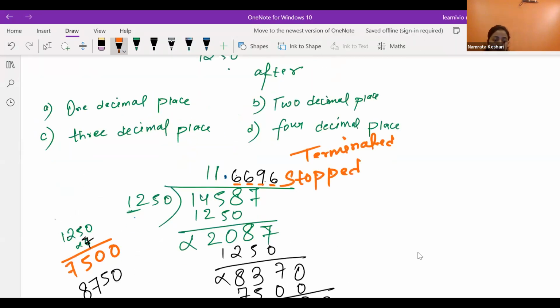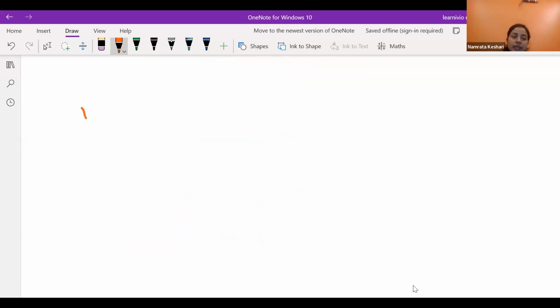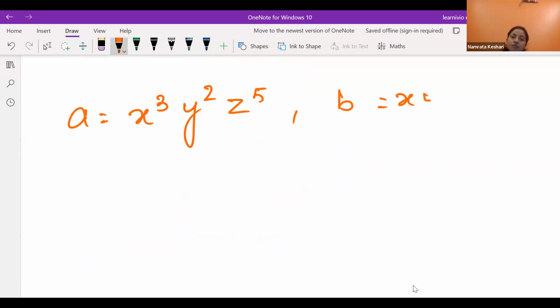Next. Suppose we have a as x cube y square z to the power 5, and b as x y cube z.